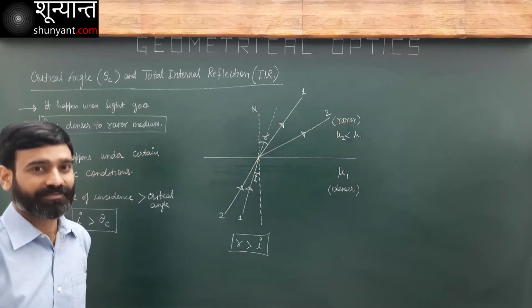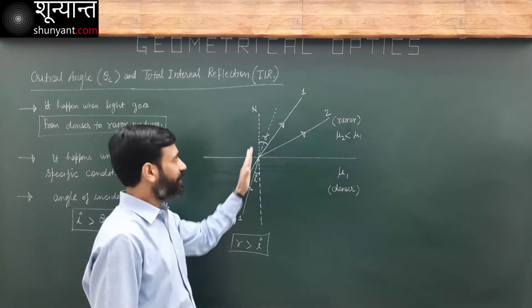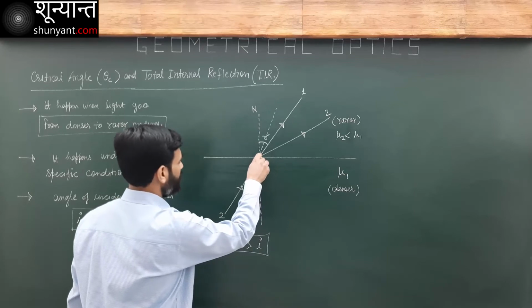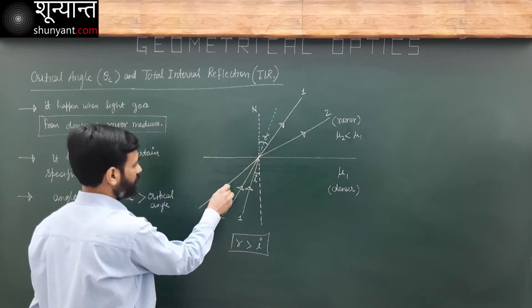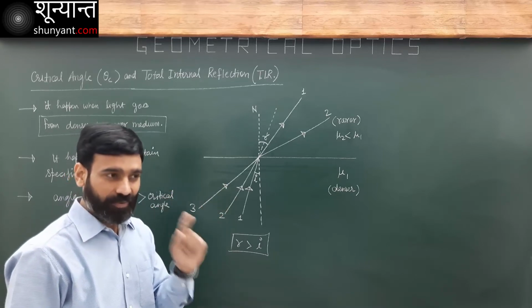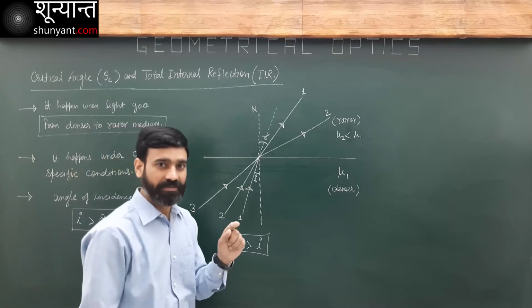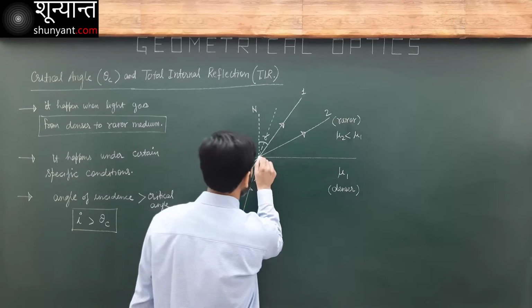Makes sense? I keep on increasing the angle of incidence, and the angle of refraction increases. At one particular angle of incidence in the denser medium, the angle of refraction becomes 90 degrees.